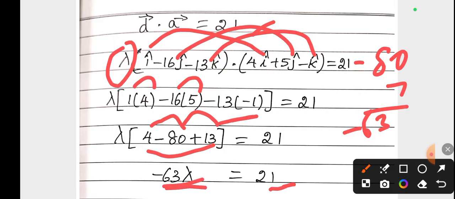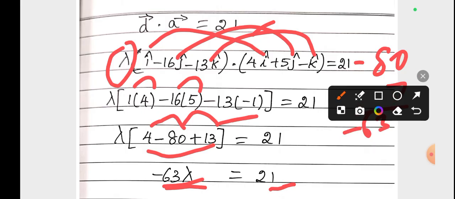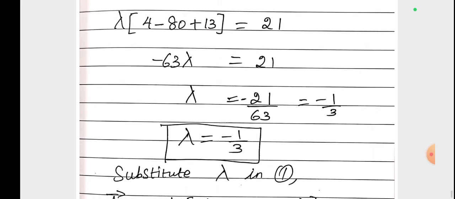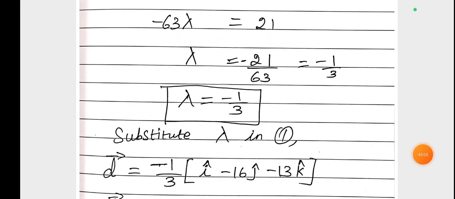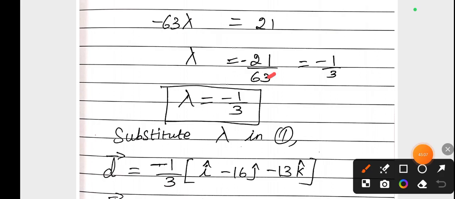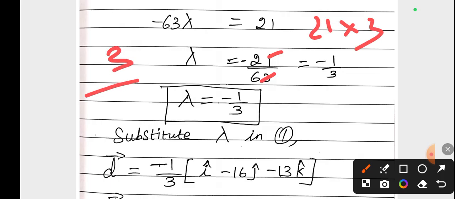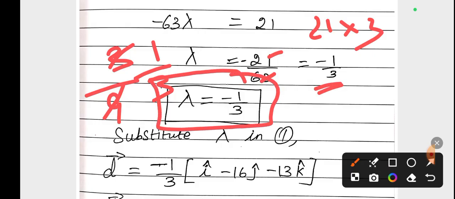And this equals 21. So lambda equals minus 21 by 63. Children, you can cancel using the 7 table: 7 threes are 21, 7 nines are 63. Again cancel: 3 ones are 3, 3 threes are 9. So minus 1 by 3 we are getting as lambda.